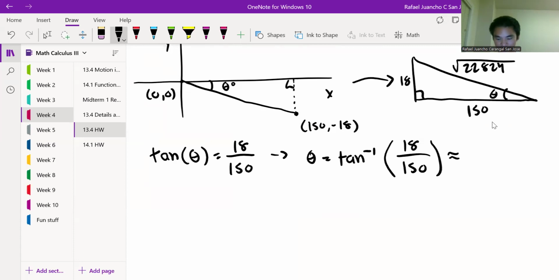Huh, really? 18 divided by 150. This is in degrees, right? It's around 6.8 degrees. Should be that.